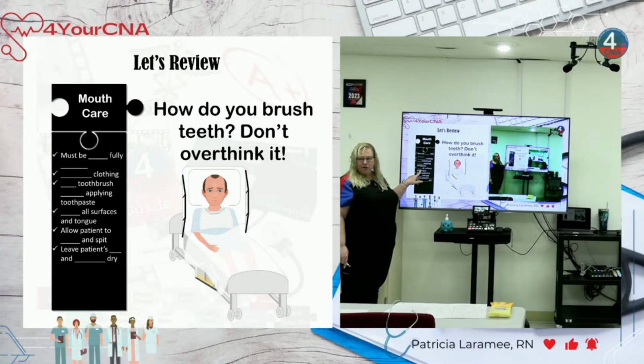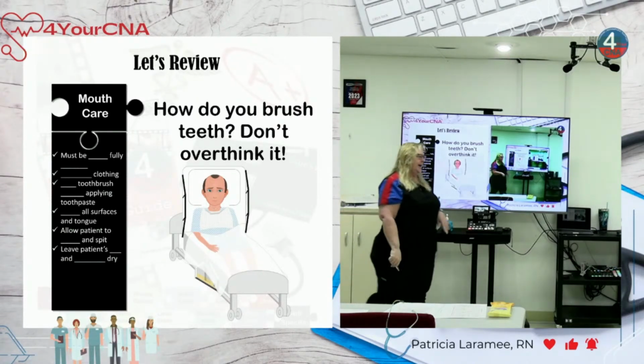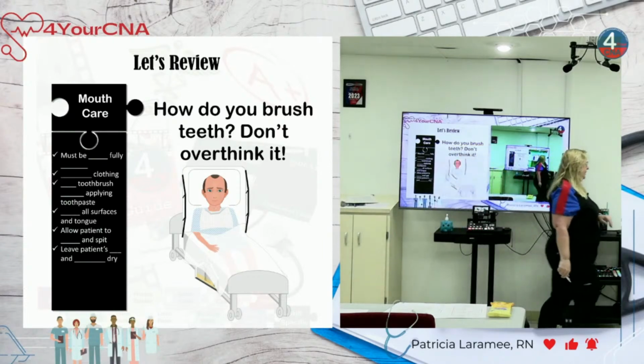So all surfaces. So the front, the back, the top, the bottom, and the tip of the tongue as well. We're going to allow the patient to, what do we want to do after we brush our teeth? Rinse and spit as often as they need to. And then we want to leave the patient's face and clothing dry. Good? Make sense?